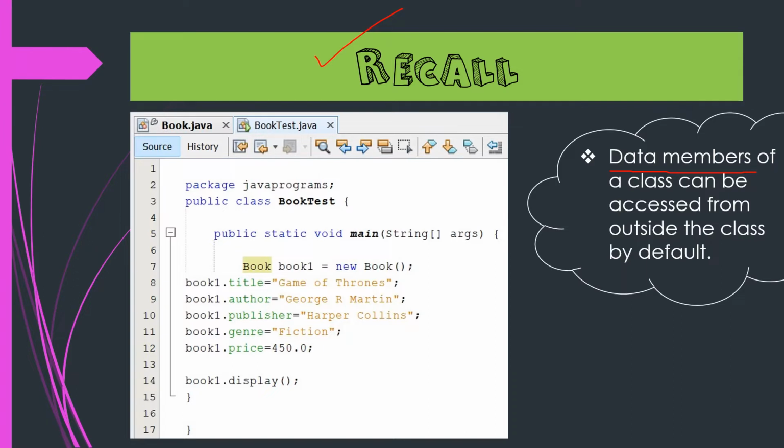There were data members present in the Book class, and we were accessing them using the BookTest class. So this is how, by default, we can access the data members of one class from some other class.